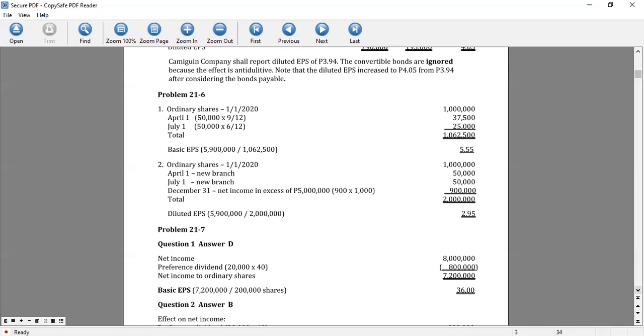December 31, net income in excess of 5 million is 900,000 times 1,000. So the diluted earnings per share is 2.95.